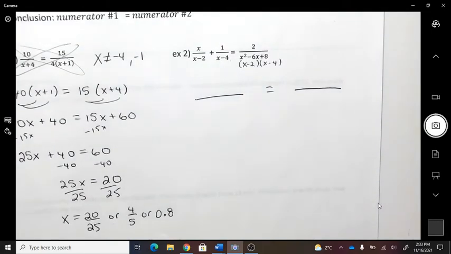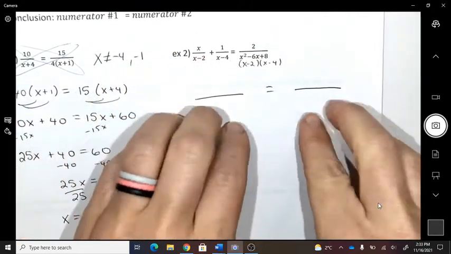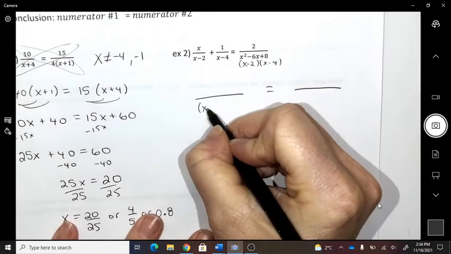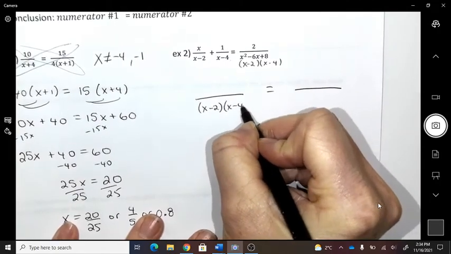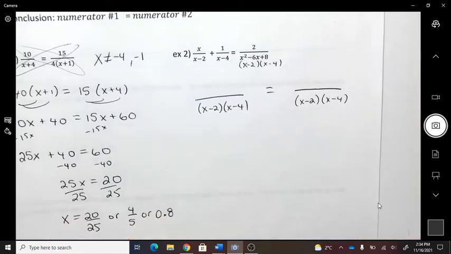Okay, so if I looked at every single thing on the bottom, what do I want my bottom to be? What's the common bottom? X minus 2. I need my bottom to have an x minus 2 and an x minus 4 in it.